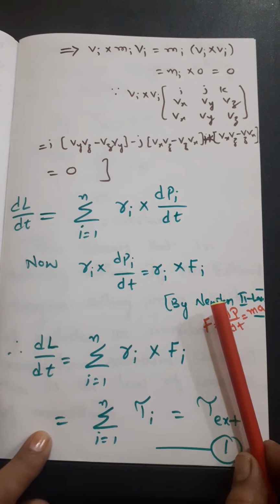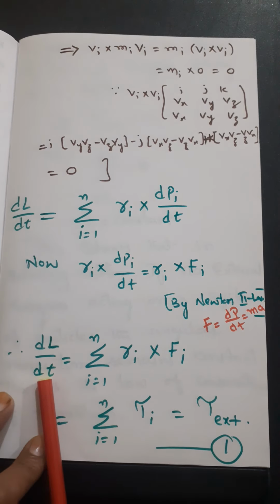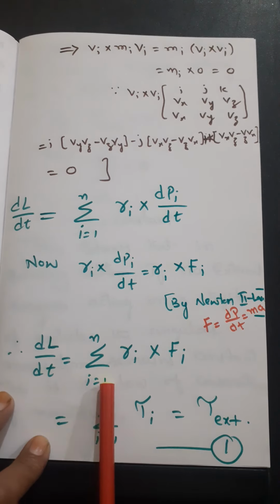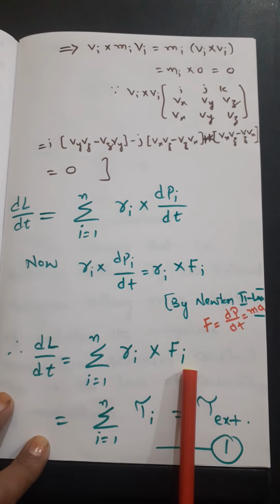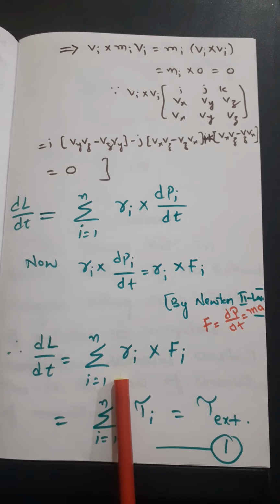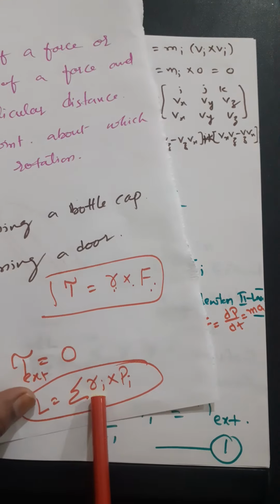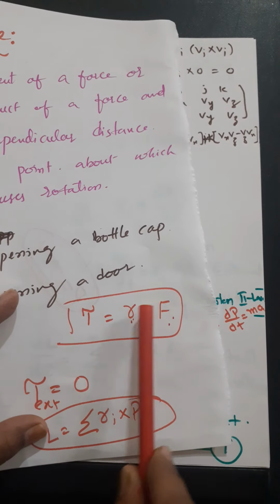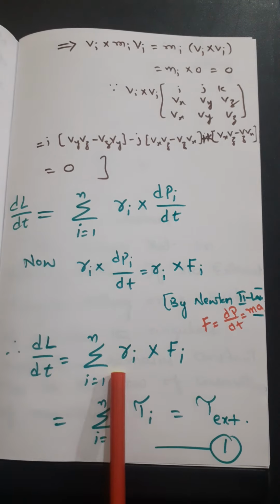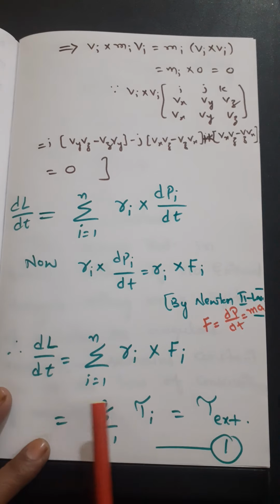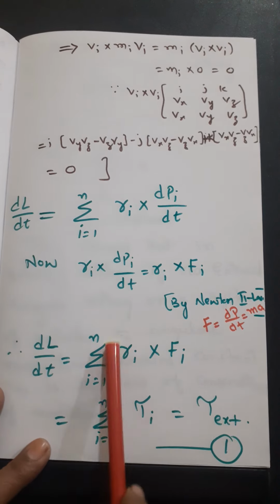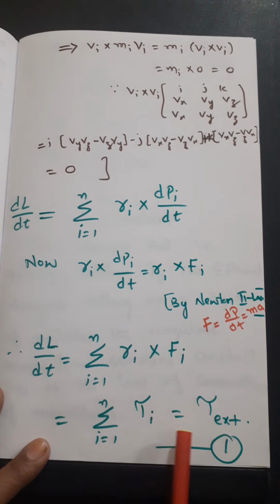So by the second law I can write dL by dt is equal to the sum from i equal to 1 to n of r_i cross F_i. Just now I told you what torque is. Torque is nothing but the product of r and F. So here r_i and F_i we got, so the sum from i equal to 1 to n will be equal to tau_i, or you can write this is tau external.